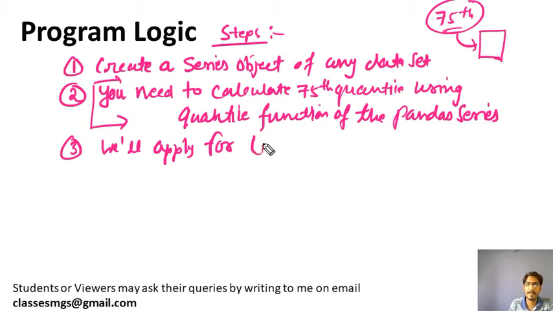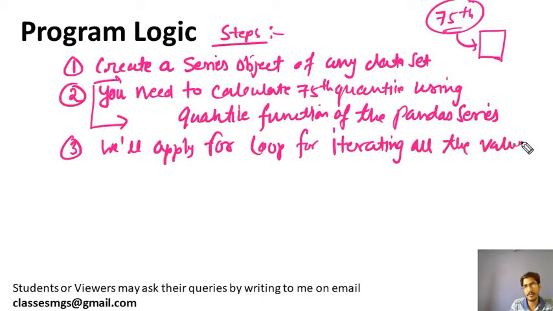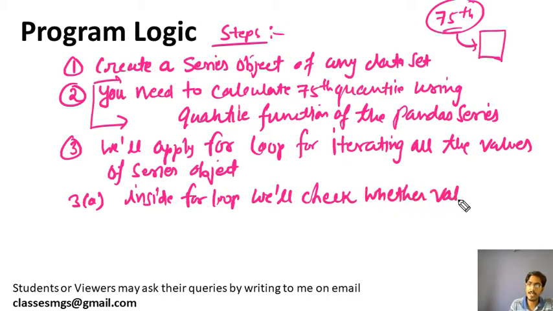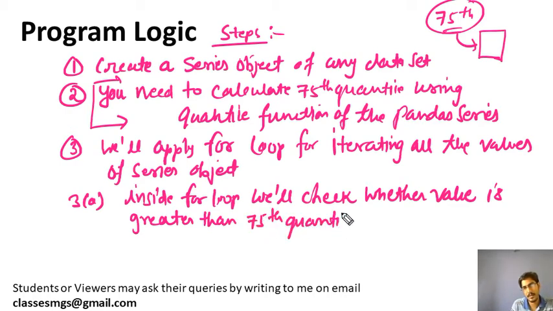So we will apply a for loop for iterating all the values of the series object, and inside the for loop we will check whether the value is greater than the 75th quantile value that is calculated in step 2.